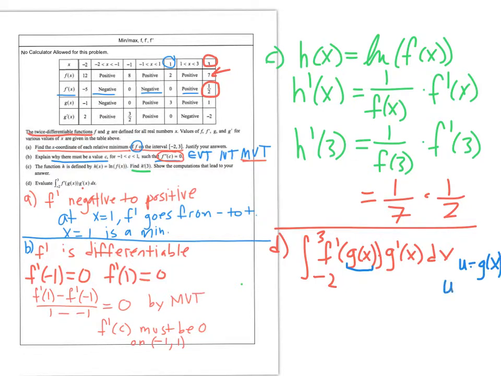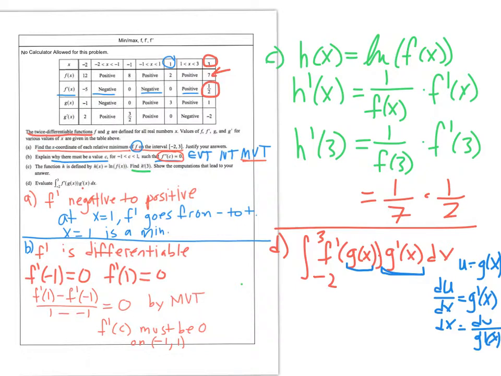That means that du/dx is g prime of x, and that my dx is going to be du over g prime of x. When I plug that in, what I'd like us to notice is that it's going to cancel this part out on the outside.